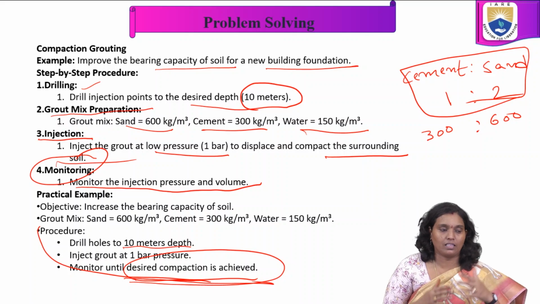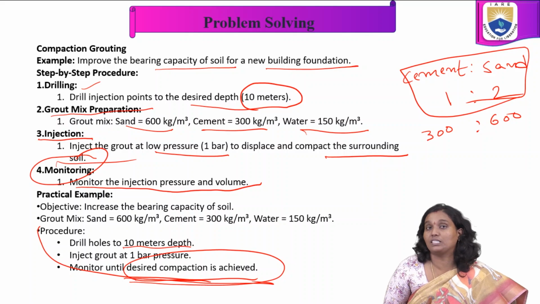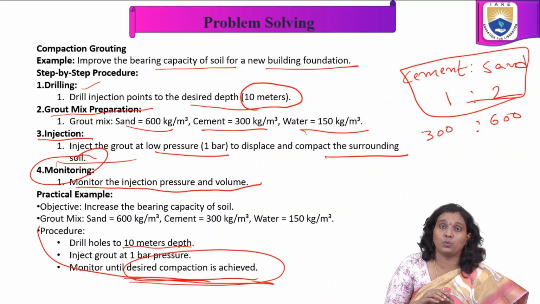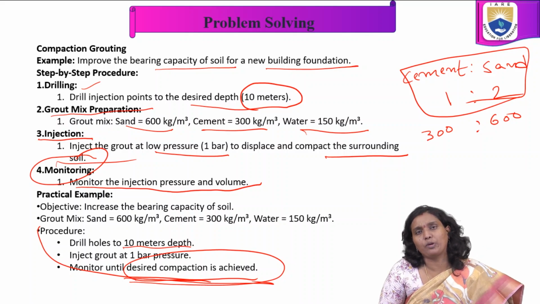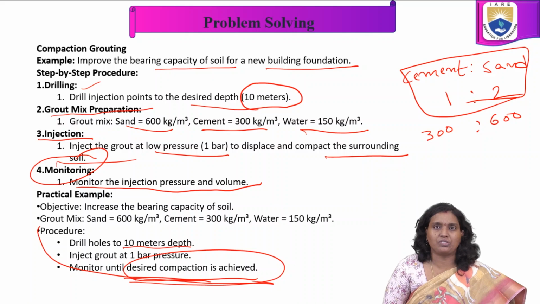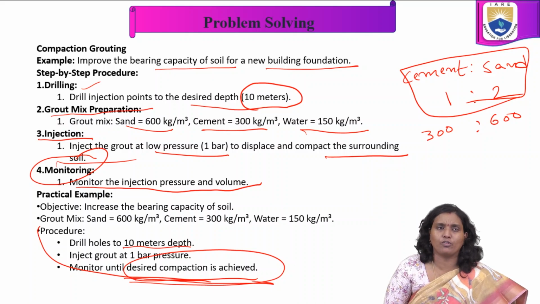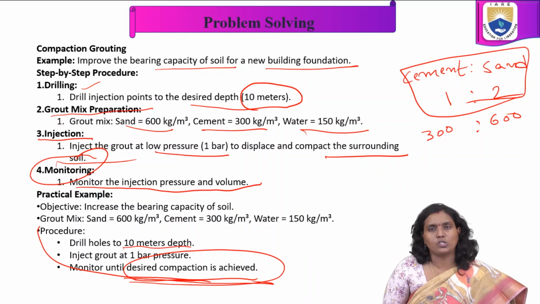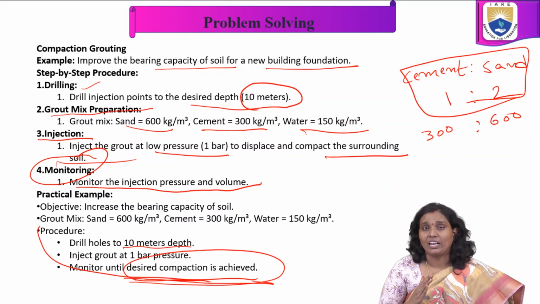The procedure may be the same, the step-by-step procedure is the same. But what we choose, how we implement, how to monitor, and what properties we are going to address differ. In some situations it is from a cracking point of view. The same technique we may use for bearing capacity and also for increasing the shear strength.